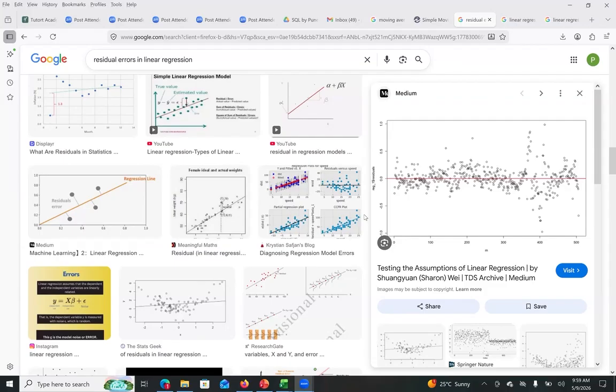Errors are always random. They're not predictable, right? Very nice, actually. You are right that errors are always random. So sometimes it is going to be positive, sometimes negative, sometimes a little big, sometimes a little small, but on an average, the errors are always going to be zero.